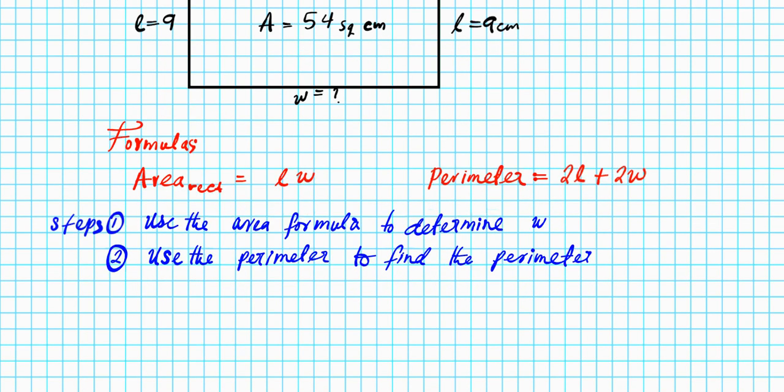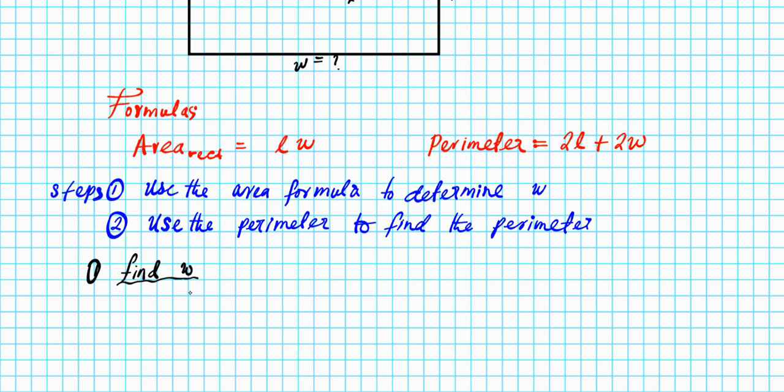Okay, so let's start with the first part. Part number one. Let's find the width, W. Formula for area, let's just write it again. Area of a rectangle is length times width. We're told that the area is 54 square centimeters, the length is 9, and the width, we do not know what it is, W. Let's leave it just like that.